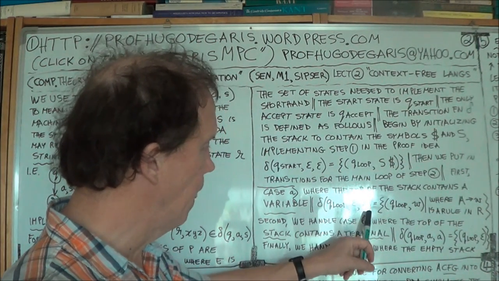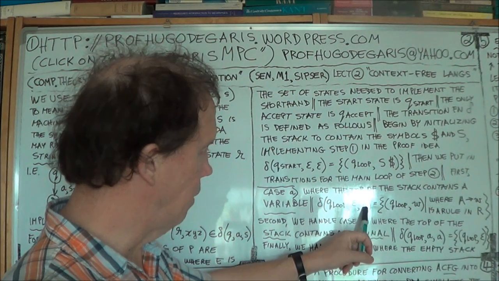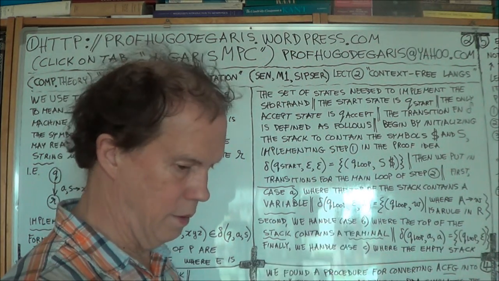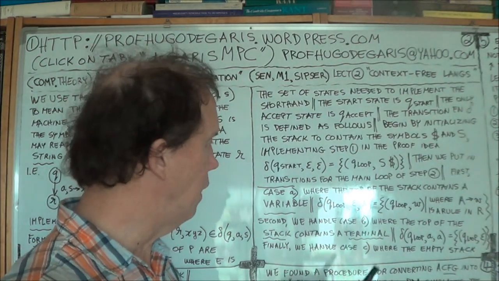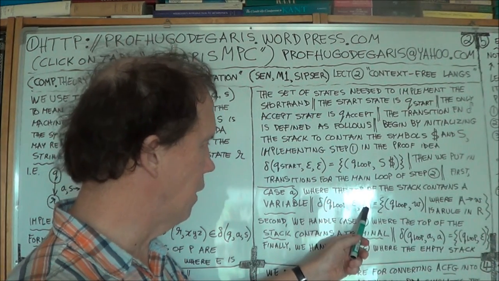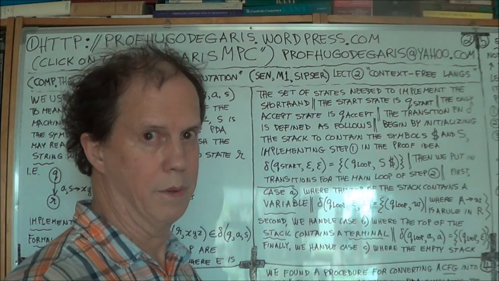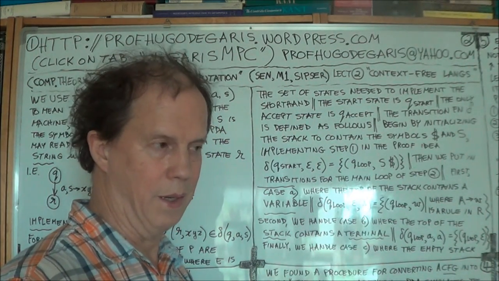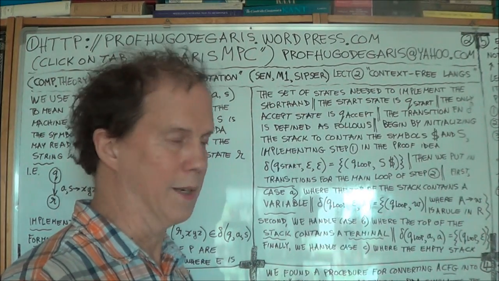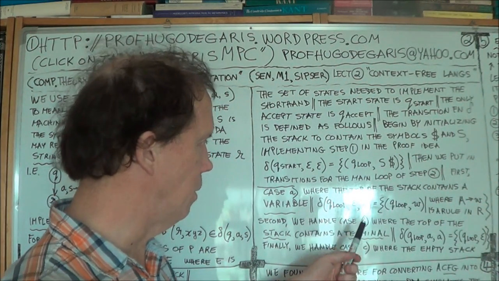You're looking at the symbol on top of the stack, and it's capital A. That's a variable, right? The convention is variables are in capital letters and terminals are in small letters.